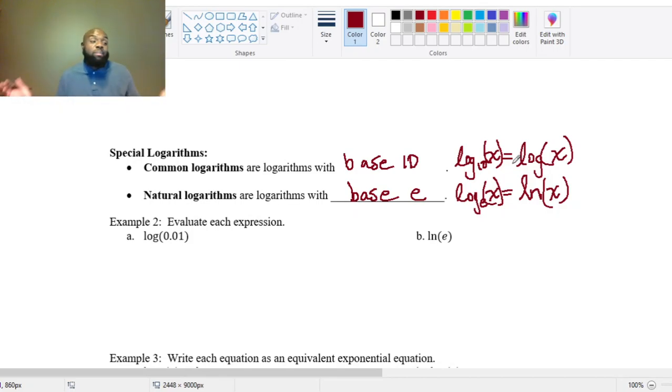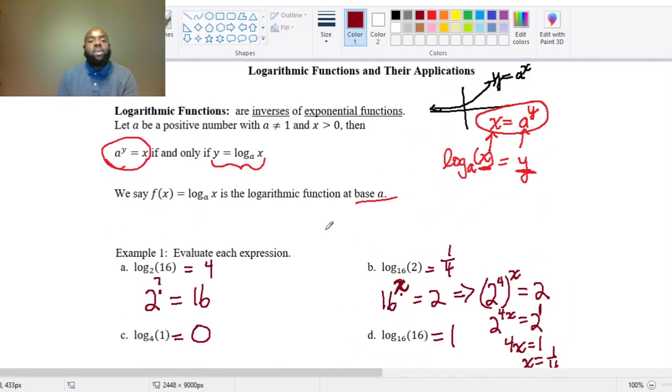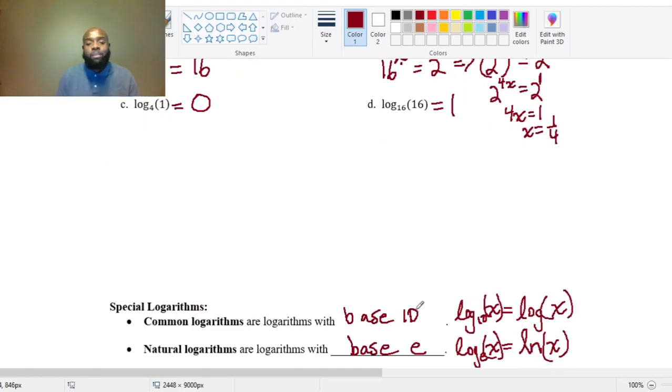But we always have an input in our logarithmic functions, and usually what comes after the logarithm, not including the base, is your input value. Sometimes we'll put parentheses here, and sometimes, like in this example, we don't necessarily have the parentheses. But remember, there is always an input with the logarithmic statement.